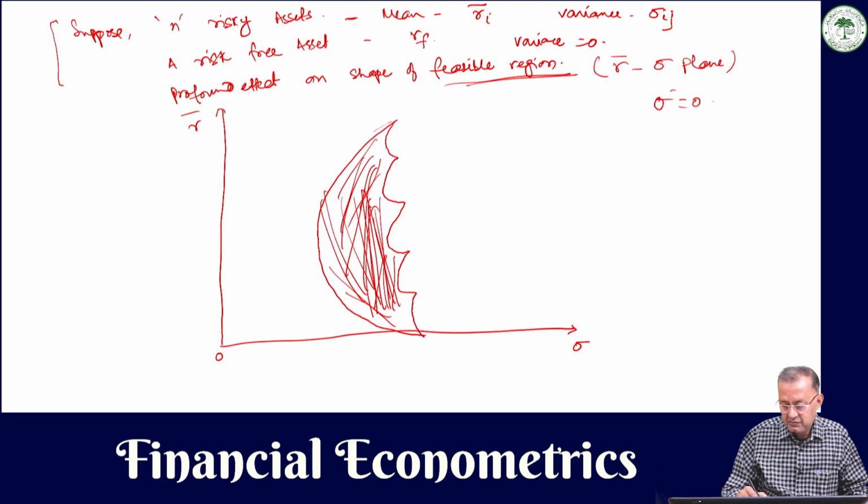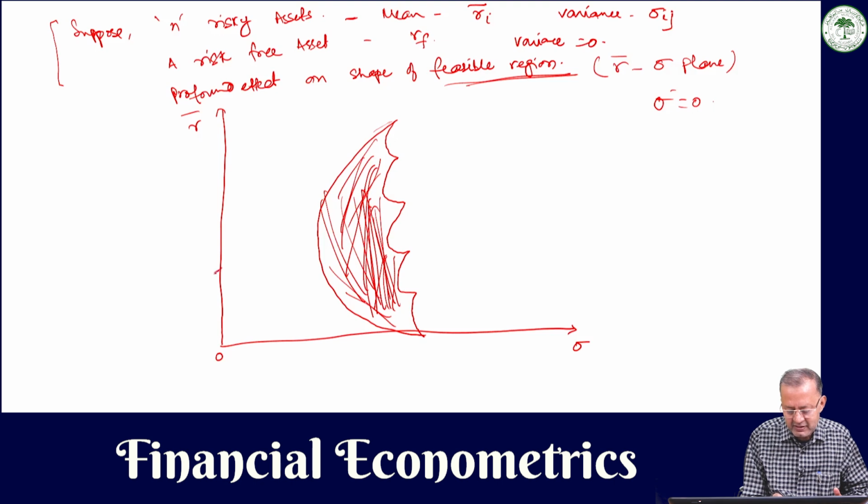Now if we combine this with the risk-free asset, this will originate an infinite line originating from this axis.